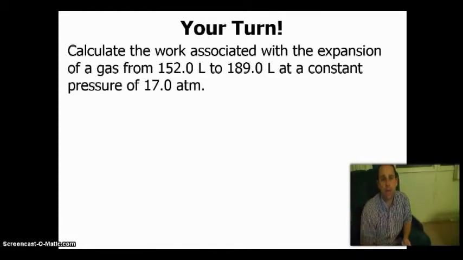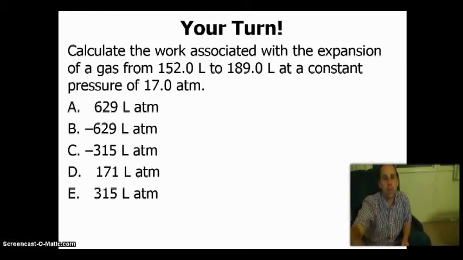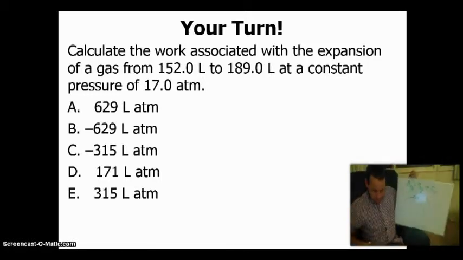All right. So we can calculate the associated work with the expansion of a gas from 152 to 189 liters at a constant pressure of 17 atmospheres. Okay, so work is the change in volume times whatever the pressure is, and we want to give that a negative sign for our convention.